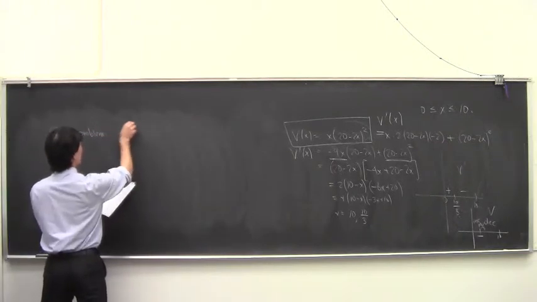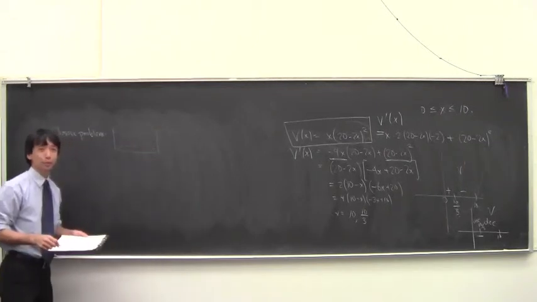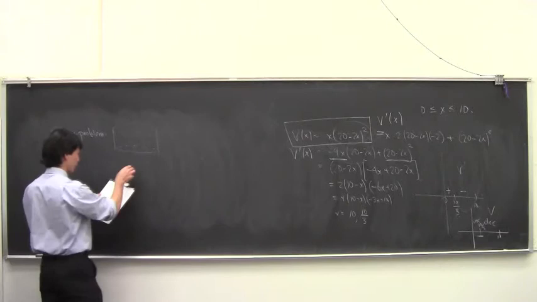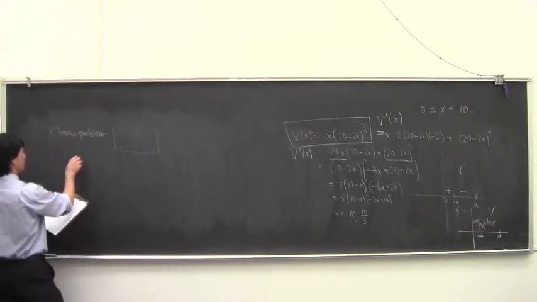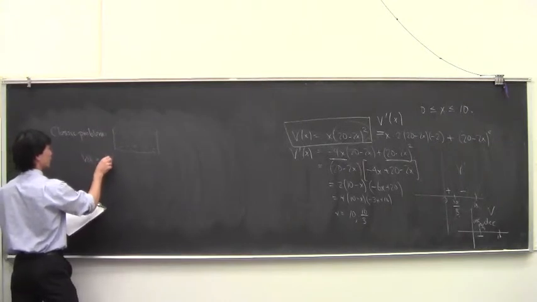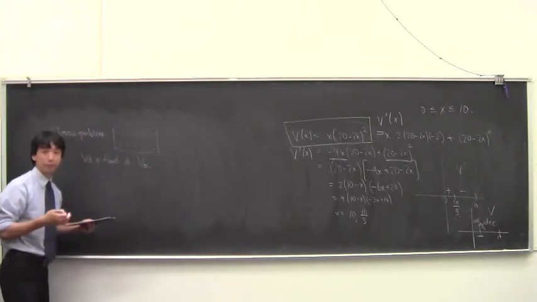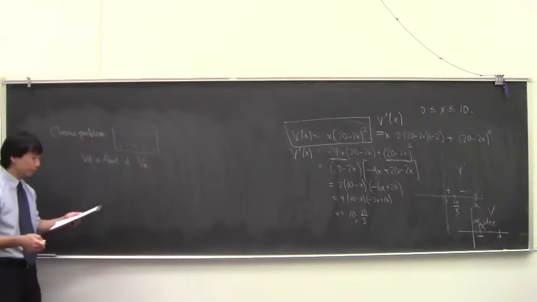You are making cans. Okay, you're making cylindrical cans. There's a fixed volume. So volume is fixed at some fixed volume that's called V naught.